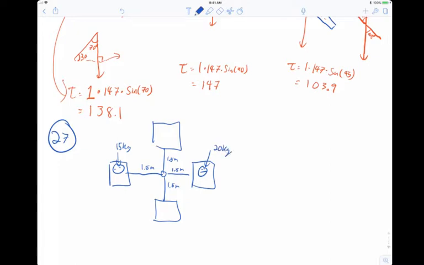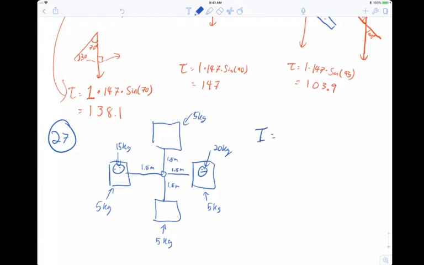And each of these seats is 5 kilograms. And I want to calculate the moment of inertia.